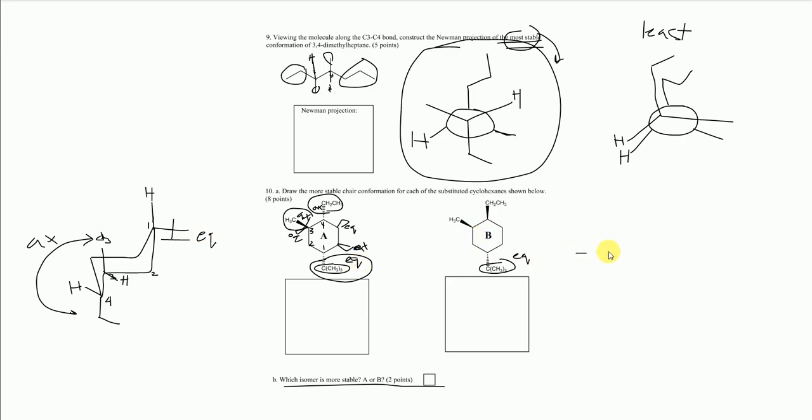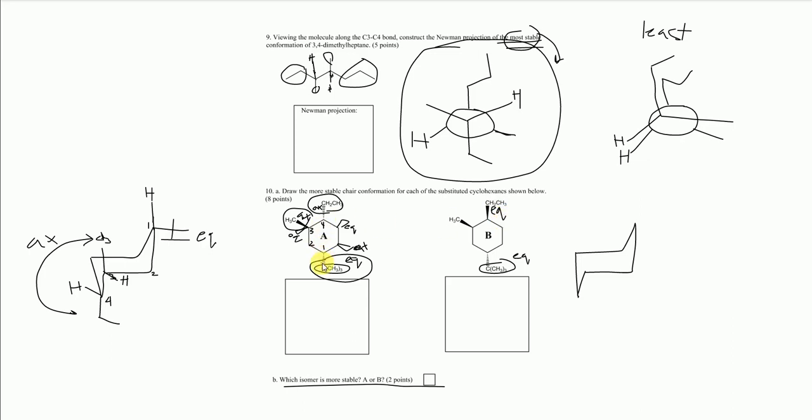Now over here, let me draw my chair. Okay, and one easy trick, right? When I am on the other side of the molecule, dash and wedges that are opposite, so these are opposite, that means this is also going to be equatorial.